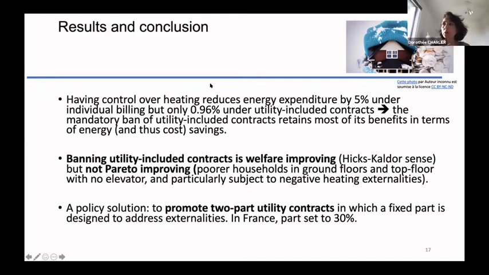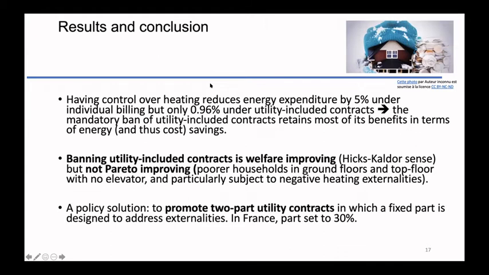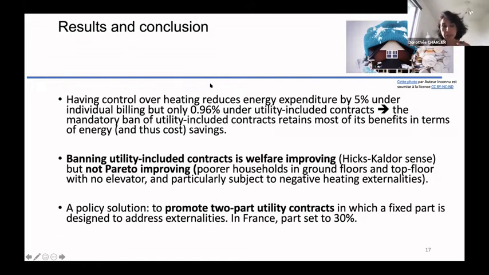Not really, because when I talk about energy consumption, it is energy consumption only for heating. So according to me, having an elevator in a building maybe means extra energy consumption for the elevator only, but not for your heating.